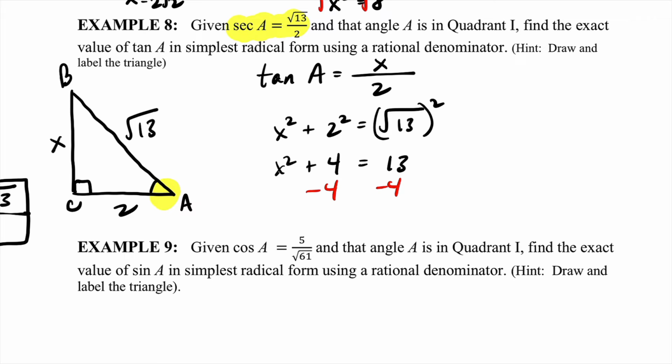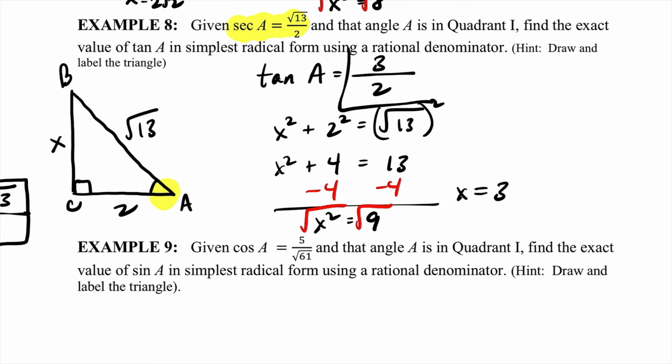Minus 4 from both sides. Take the square root. And this one gives me a nice clean number. 3. Okay. So go change x out for a 3. No more square roots. You don't have to deal with multiplying by a square root because there are no square roots in our answer. It's done.